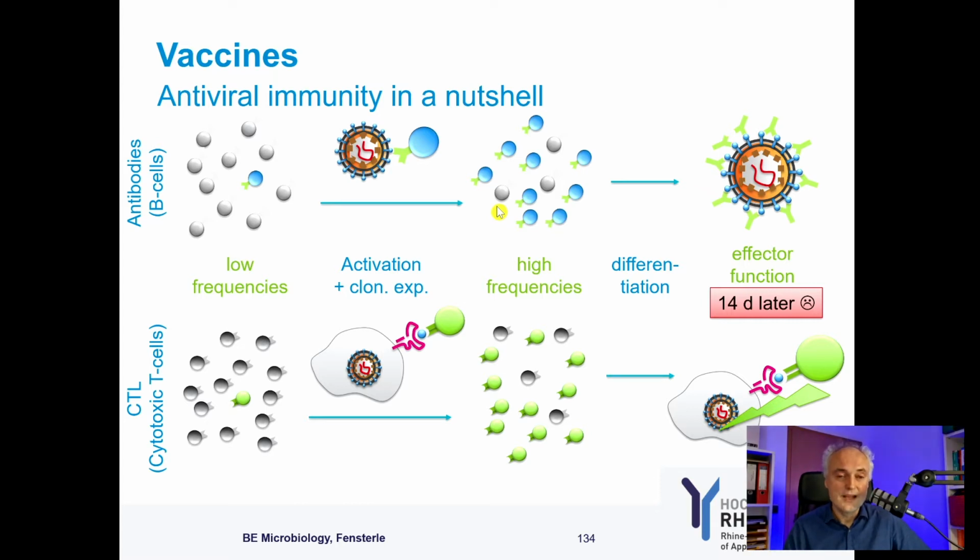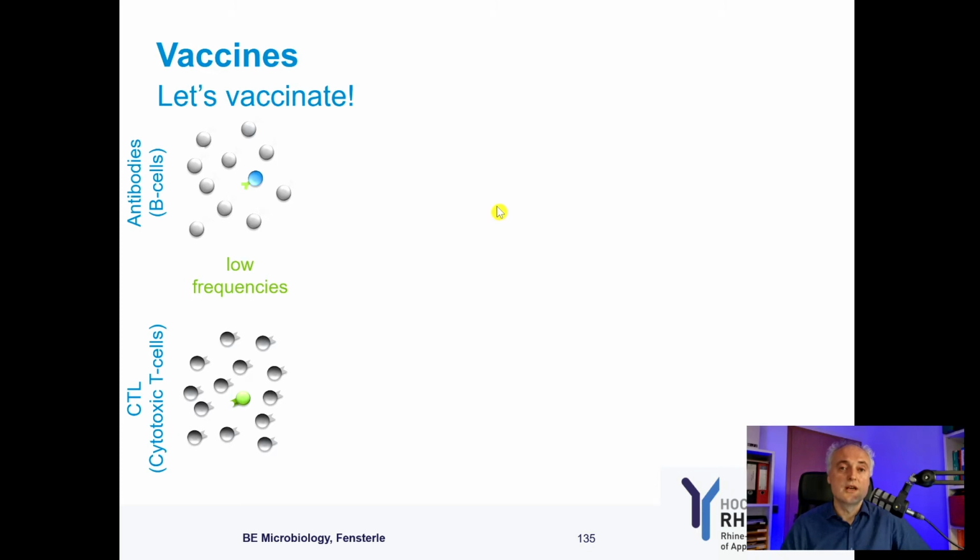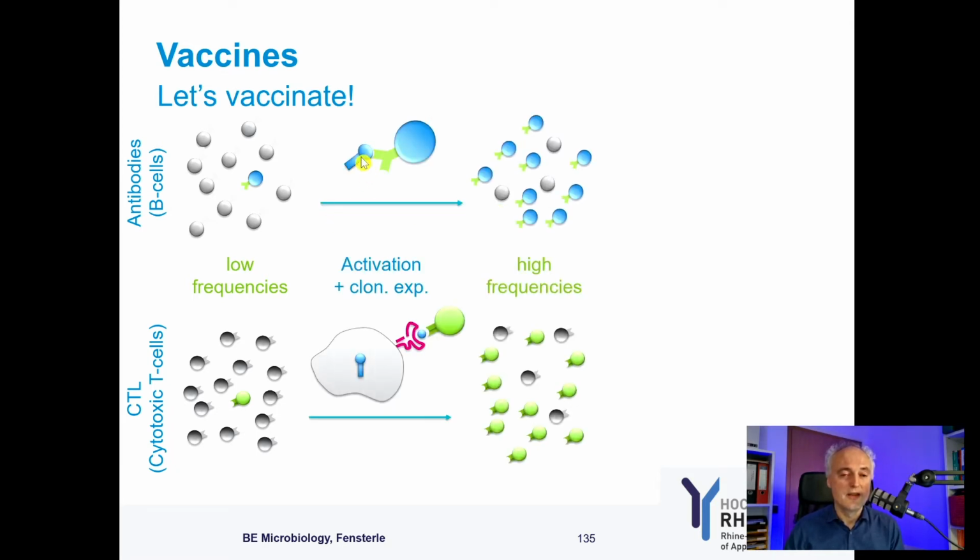If you recover at the end, you recover because of your immune system. Now what you can do is simulate the stimulation step at the beginning with a vaccination. What do you need to do in this case? You just need a protein, for example the surface protein of your virus, which activates your B cells and leads to this high frequency. In the case of cytotoxic T cells, you need this protein to be inside of the cell, so just injecting the protein is not enough.